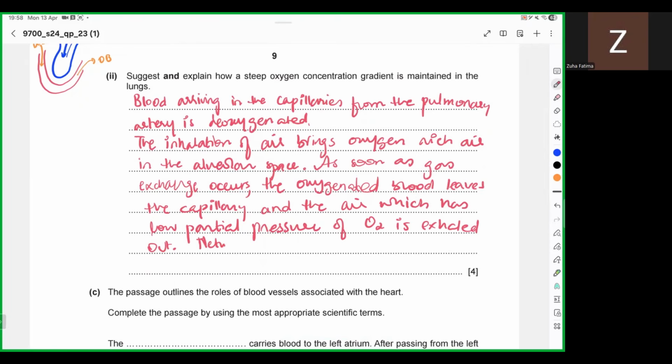Network of capillaries surrounding the alveoli increase the surface area.